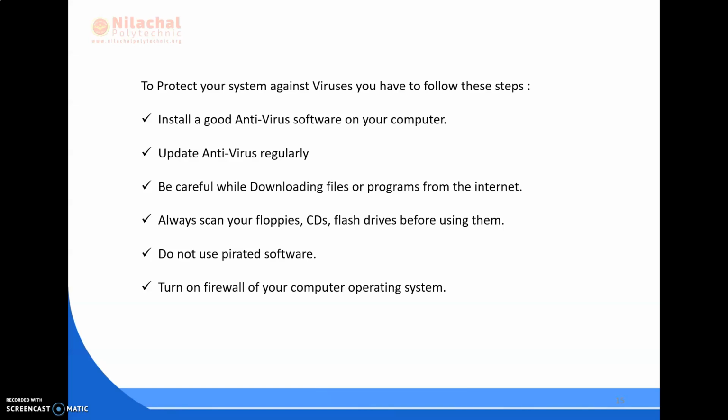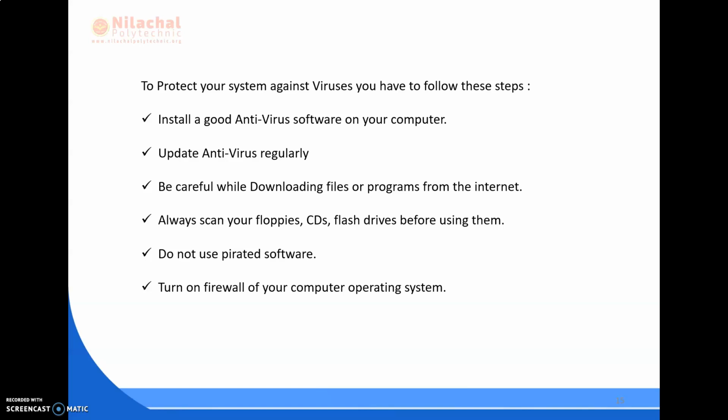To protect your system against viruses, we can also take some precaution steps. So let's discuss those steps. First, installing a good antivirus software on the computer. Secondly, updating the antivirus regularly. Thirdly, be careful while downloading files or programs from the internet.